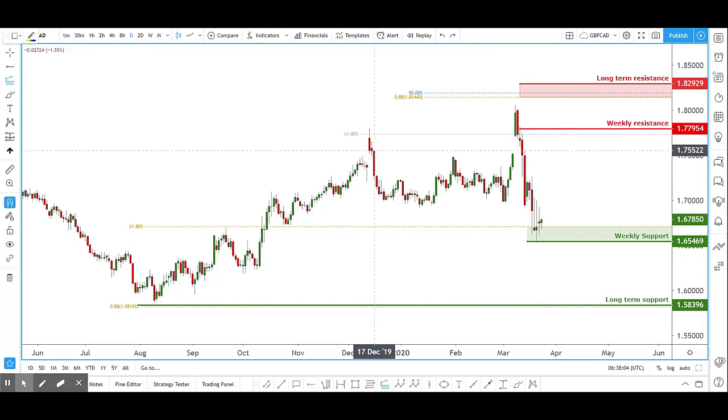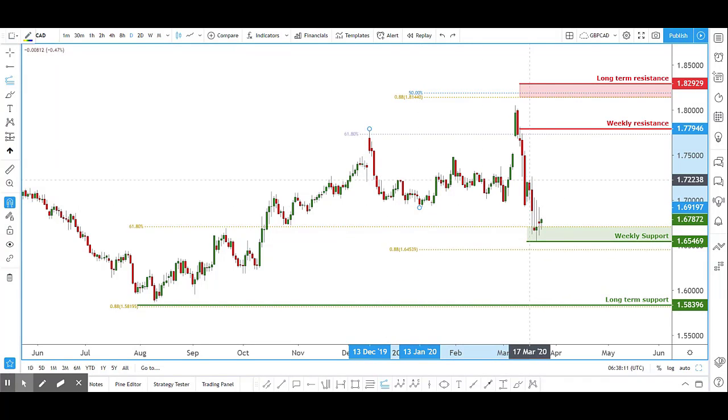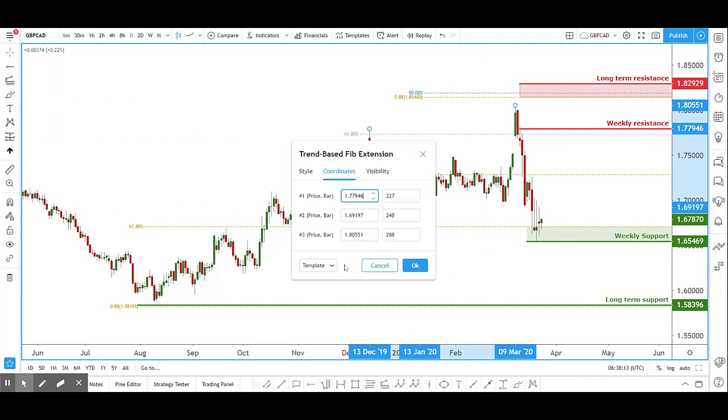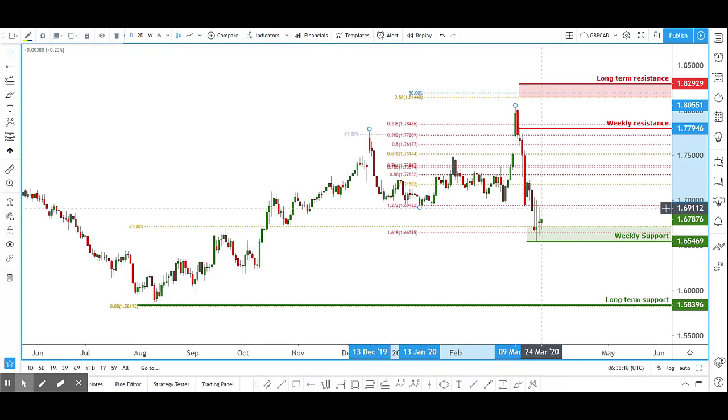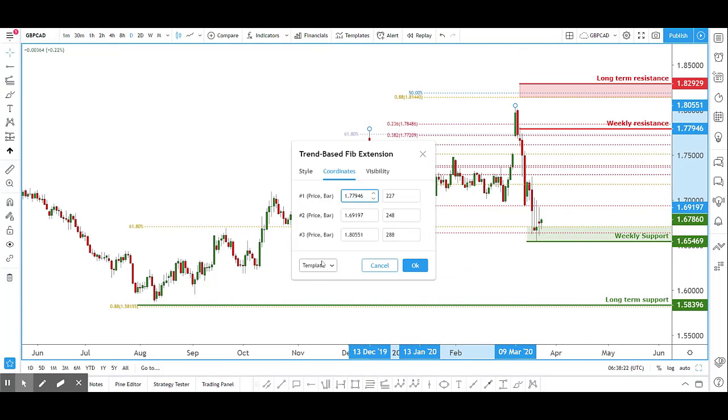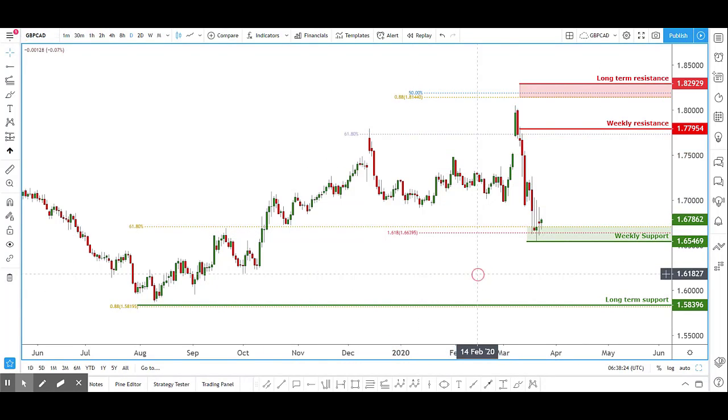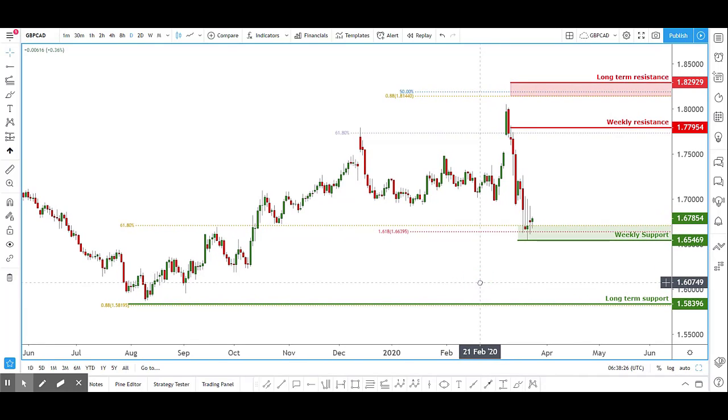So I'll do a zigzag by means of using Fibonacci extension, here, swing high to the low here, and then back to the high here, and let me pull out all the ratios. We see that the 161.8 extension falls nicely within our weekly support zone as well. So let me highlight that. Now we want to find whether there are any other daily intermediate short-term targets that we can play to.